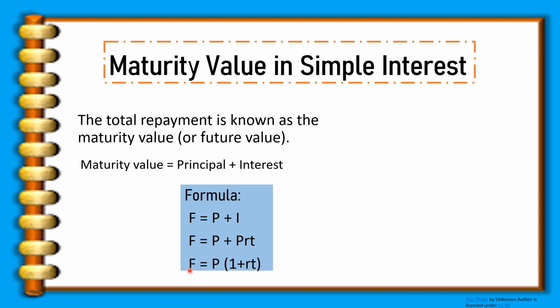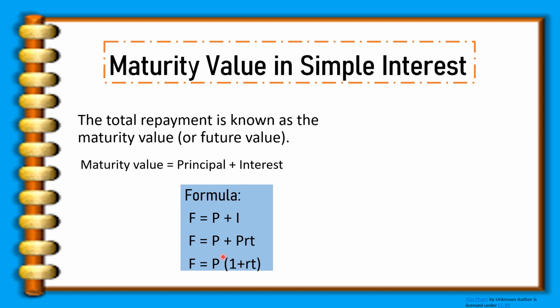So maturity value equals P multiplied by 1 plus RT. Why? P multiplied by 1 is P. P multiplied by positive RT is equivalent to positive PRT. So they mean the same thing.